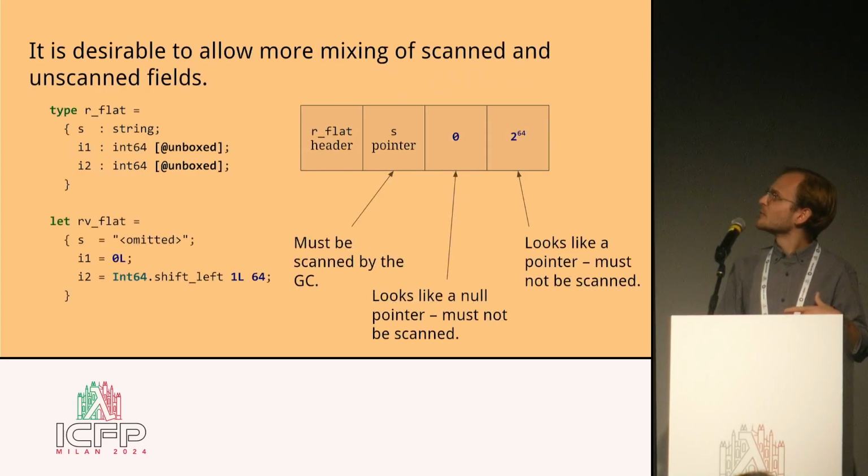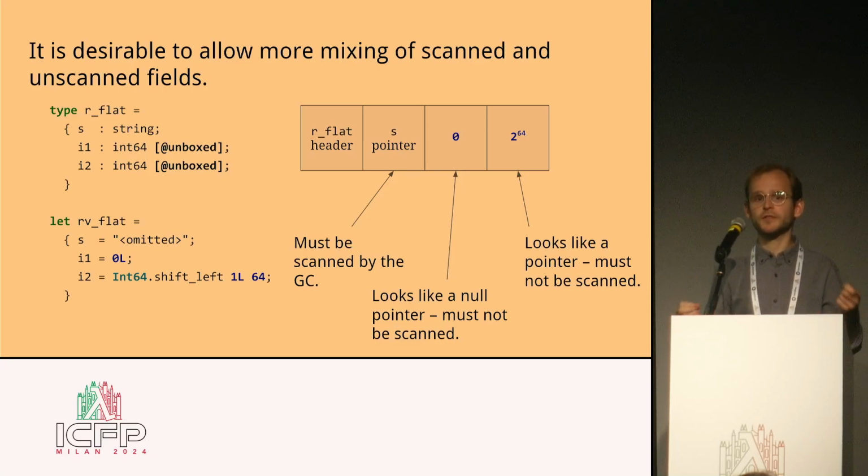What you might reasonably want is an object where the first field must be scanned. It is a pointer to a string. We must know whether or not that string remains live. It might be important to the user's use case that the remainder of the fields are stored flat so that they require less indirection to access. That is, you might want some mixing, hence mixed blocks.